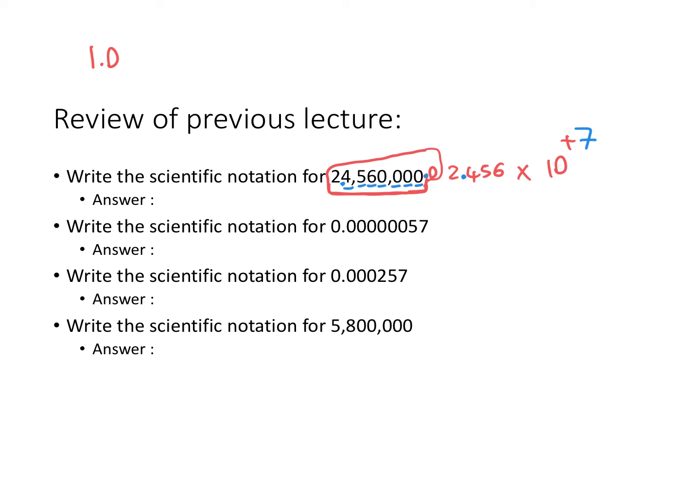Does that make sense? So the first thing is that you write the number as a number between 1 and 10, and then multiply by 10 to the power of something. If the number is large, the power is positive. If the number is really small, the power is negative.